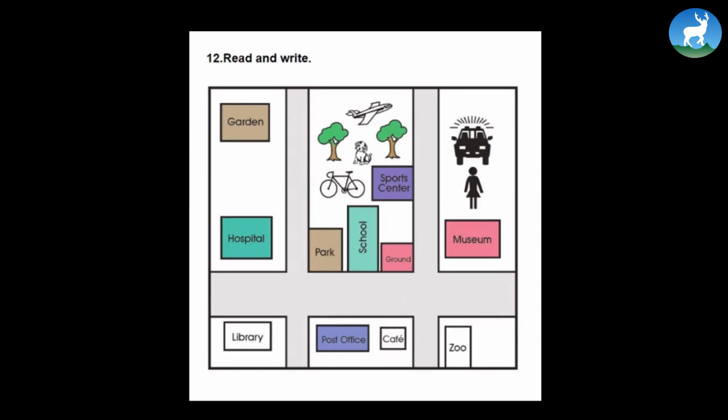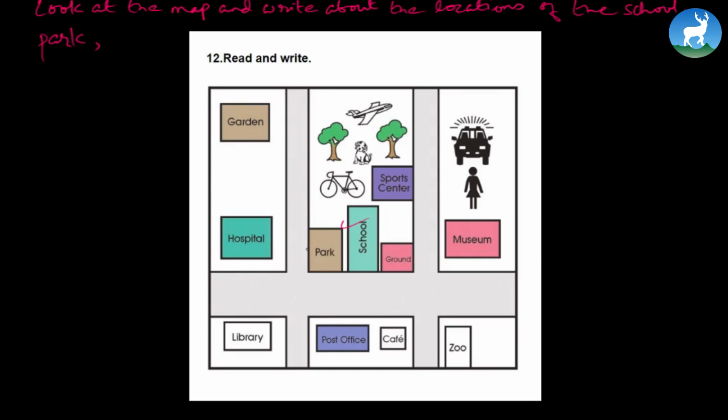Okay, so what you're supposed to do here is look at the map and write about locations of the school, park, ground, sports center, post office, and the girl. So we just want the location of these objects, all right. Okay, so observe the picture real carefully.